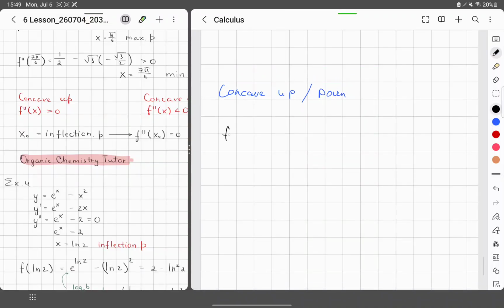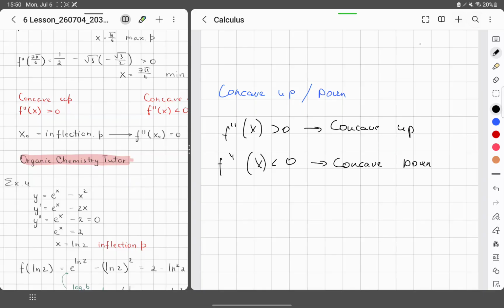If the second derivative of a function is greater than 0, that will be concave up according to the notes. If it is less than 0, it will be concave down. Oh my gosh, my writing is terrible.